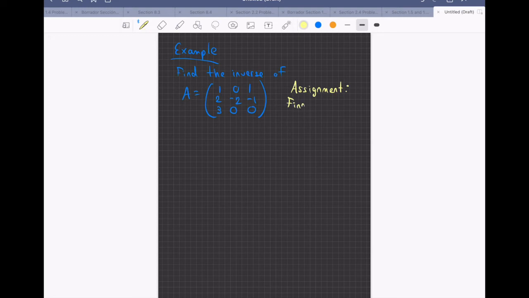Find the inverse of this matrix with that shown process.